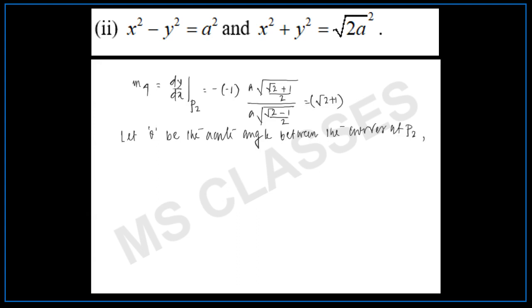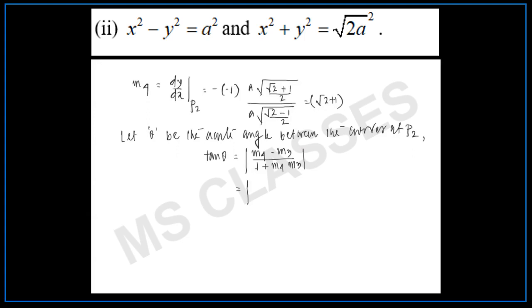Now we know the angle between the two tangents, or between the two lines at a certain point P2, is given by tan theta equals modulus of m4 minus m3 by 1 plus m4 m3, provided none of the lines is perpendicular to an axis. And here we can see from the values of m3 and m4 that neither is parallel to the y-axis or perpendicular to the x-axis. So we don't have any problem here.